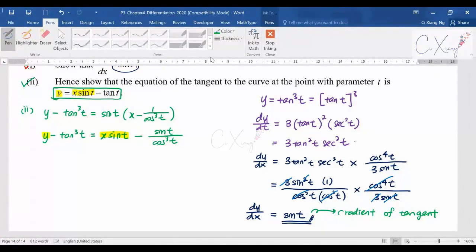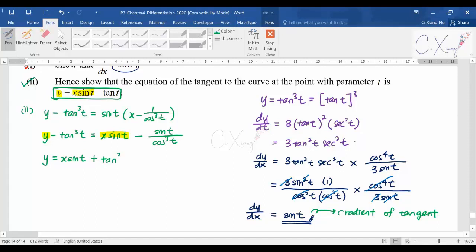You can always compare your solution with the answer so that you roughly know what you should do next. So for me, I will now move the tangent power 3t over. It will become plus tangent power 3t minus sine t over cos power 3t.